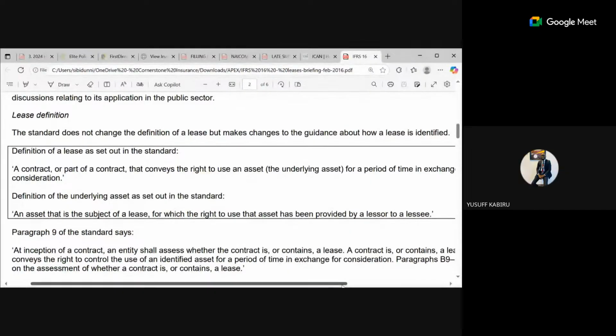Okay, so I'm going to tell you that when it comes to this, the most important set of words is the right to use an asset. And you should understand that word very well, because it's going to create two types of contracts. Part of that contract is a liability and the other one is an asset.